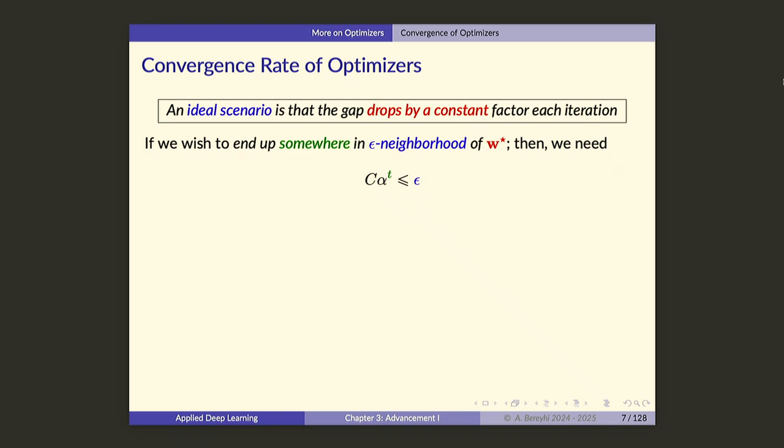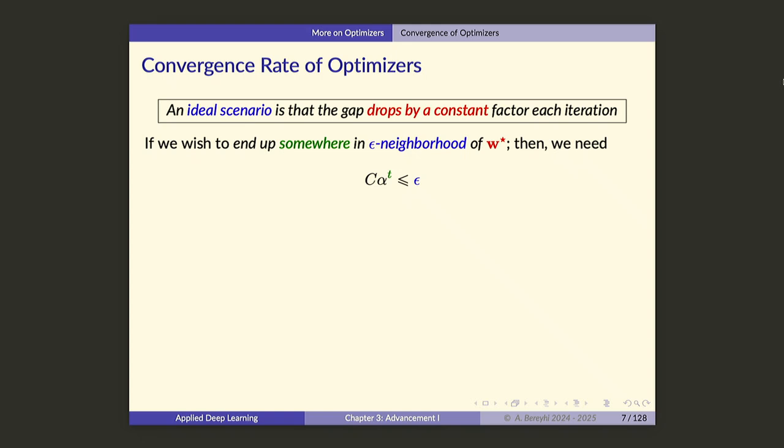If I take logarithm from both sides, does anything change? No, right? So I can take logarithm. If I take logarithm, what's going to happen here? T log alpha, right? And then this is logarithm of epsilon divided by c, right?